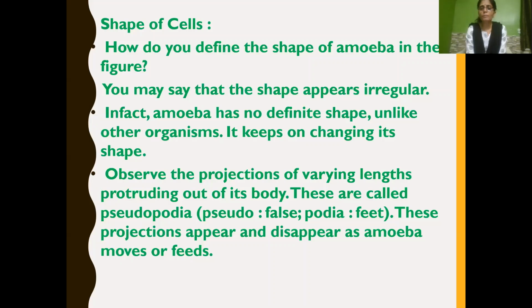If you see the projections of varying length protruding out of the amoeba's body, we call them pseudopodia. Pseudo means false, podia means feet. The projections are feet-like structures. These projections often appear and disappear as amoeba moves or feeds.